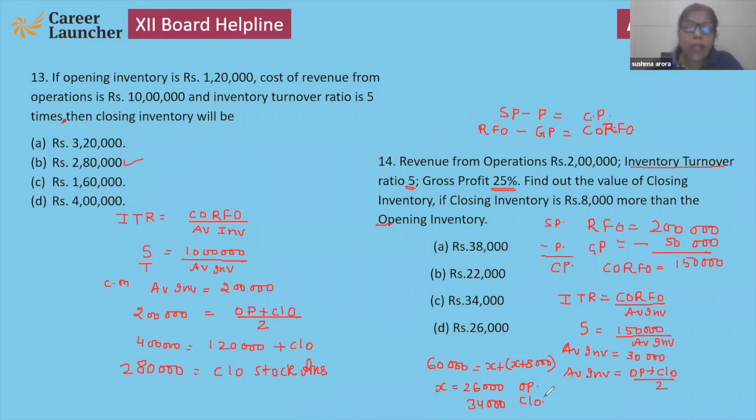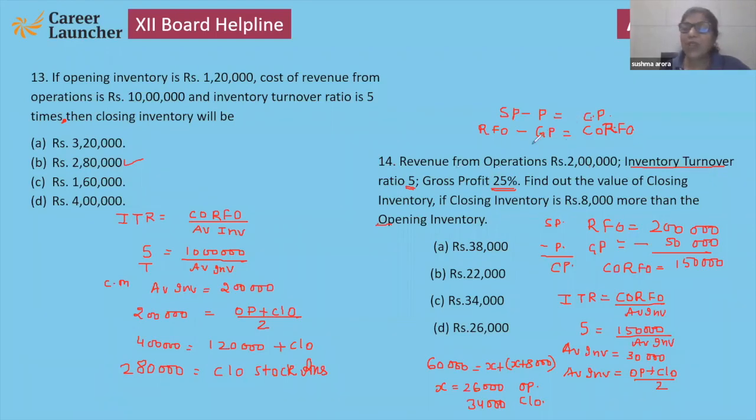See, for the practice for CBSE as well as for CUET, you have to be perfect in these ratio analysis questions. And these are activity ratios. Inventory turnover ratio, trade receivable turnover ratio, and working capital turnover ratio.